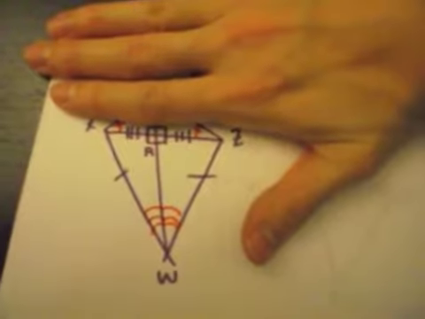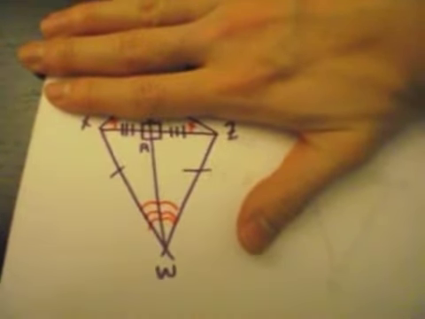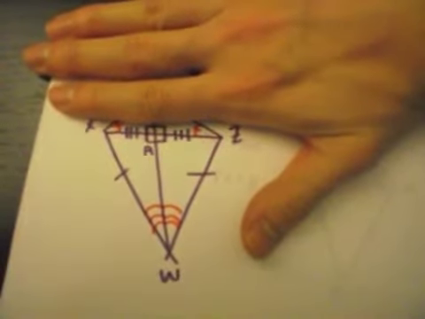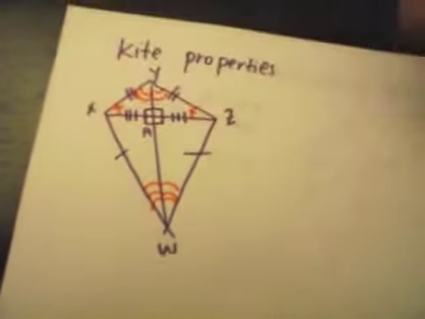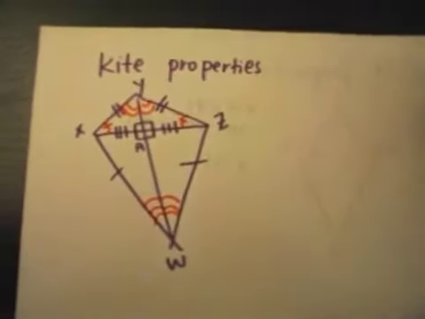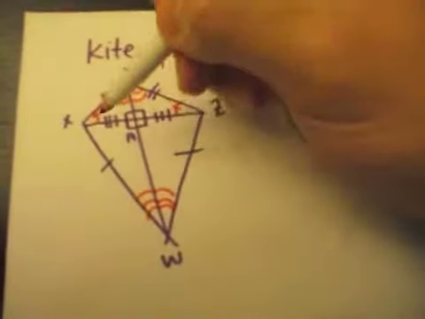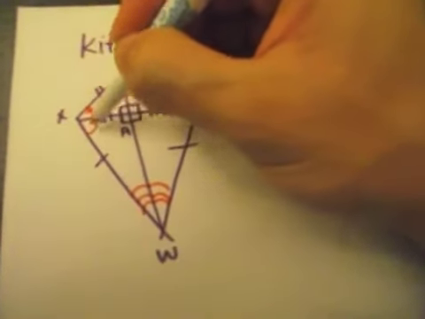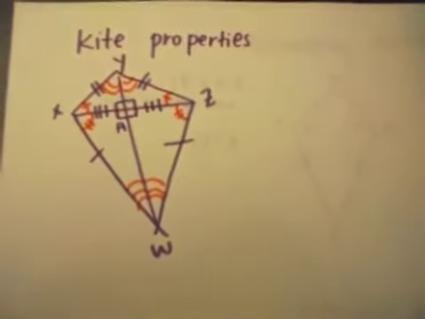Look at side XW and side YZ. You see how those two sides are congruent, and if two sides of a triangle are congruent, it's called isosceles. And in an isosceles triangle, we know that the two base angles are also congruent. So these two angles would also be congruent here.